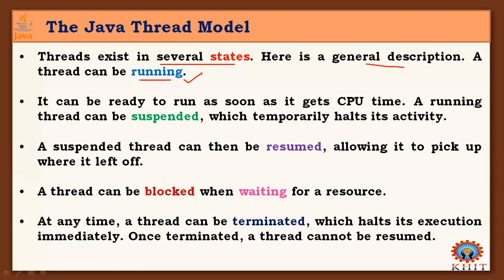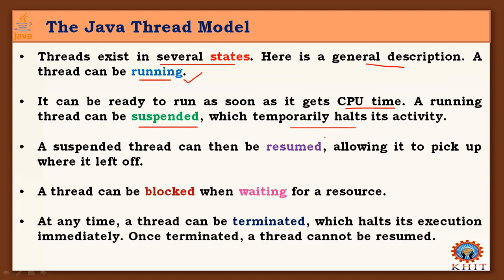And you know very well about these states in operating systems for processes and threads. It can be ready to run as soon as it gets CPU time; that process is called dispatch to CPU for execution. A running thread can be suspended, which means it temporarily halts its activity.